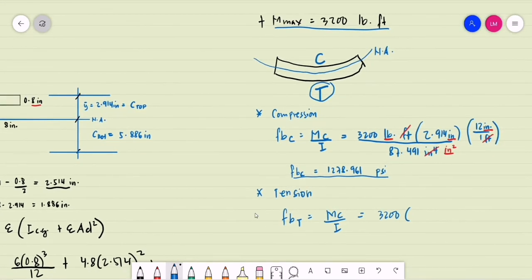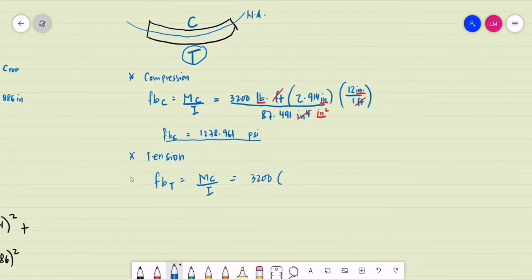That is 5.886 inches. Take note, this is 3,200 pounds-foot. All we have to do is multiply by 12 inches, the same as what we did in compression. This is divided by 87.491 inches to the fourth.